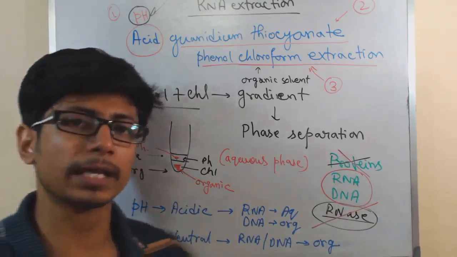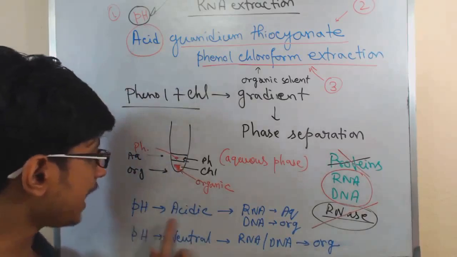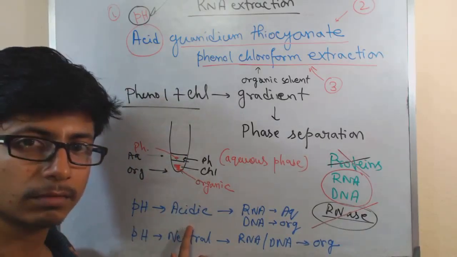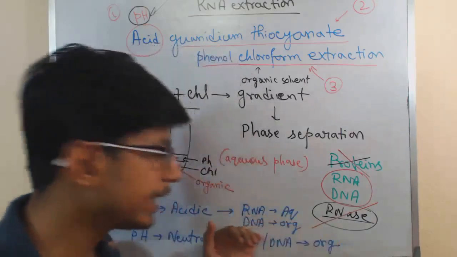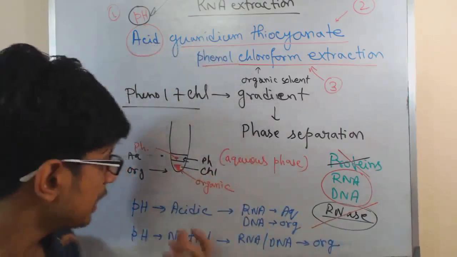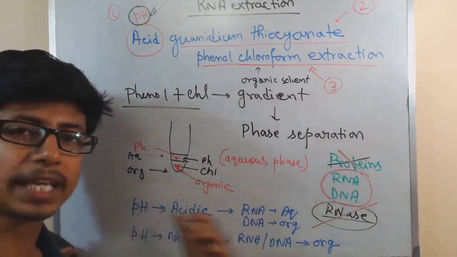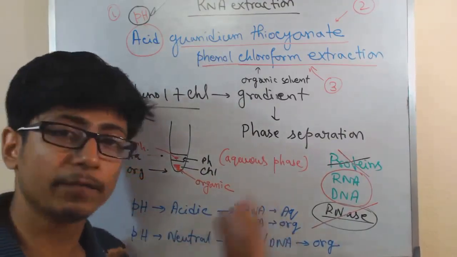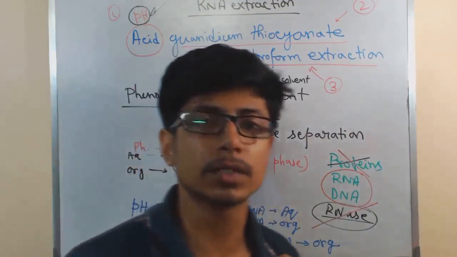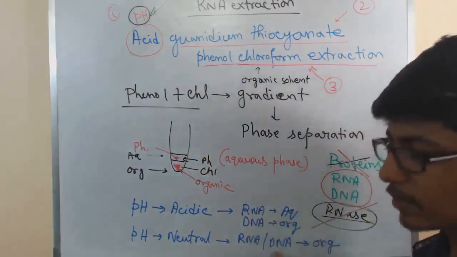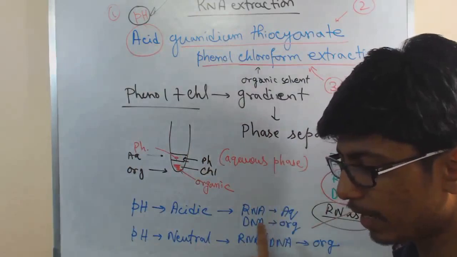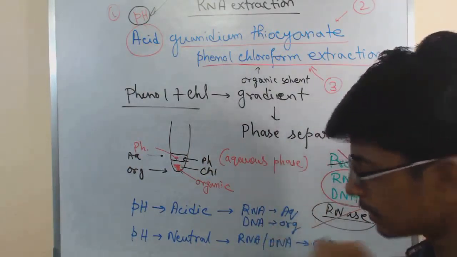They are not coming out in the aqueous phase. But if we apply the acidic pH, RNA will be in the aqueous phase while DNA will remain in the organic phase. So this acidic pH forces the RNA to come into the aqueous phase and forces the DNA to stay in the organic phase. That's why we use acidic environment in this particular case.